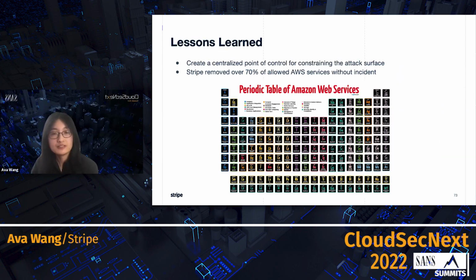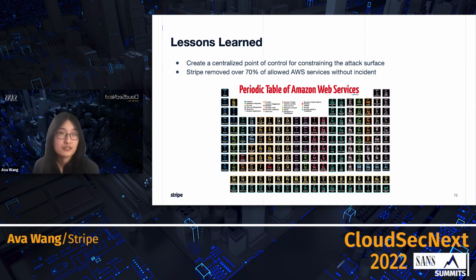So the main lesson to take away is that it's a lot easier to ensure security when we have a centralized point of control using the SCPs to override other access control policies and root permissions, especially in a large multi-account AWS environment, to reduce the attack surface by only allowing use of approved services and regions.